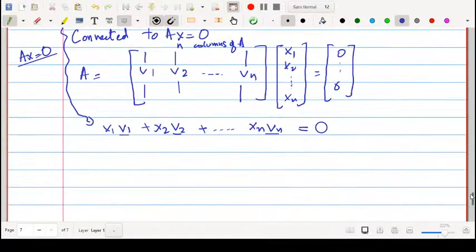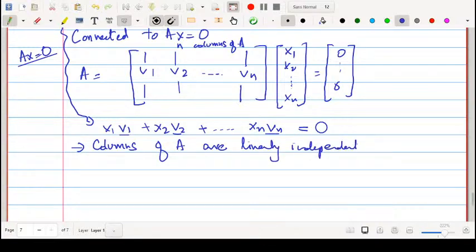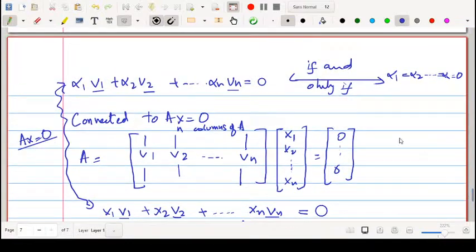So the columns of A are linearly independent if and only if x1 equals x2 equals all these scalars should be 0. This is the condition that we just derived, the definition that we just settled on, that scalars need to be 0.